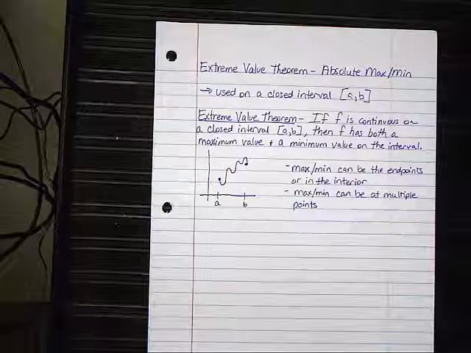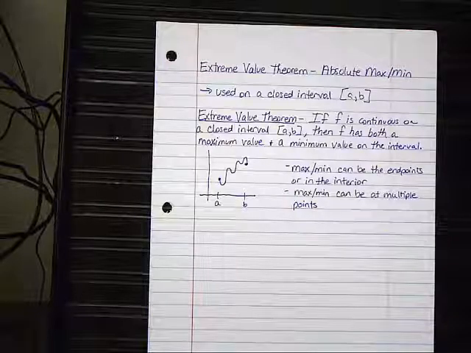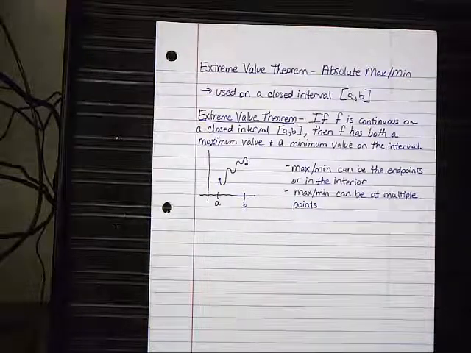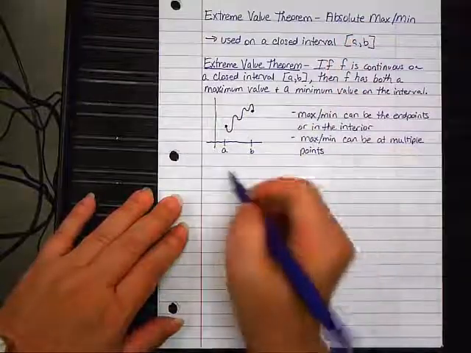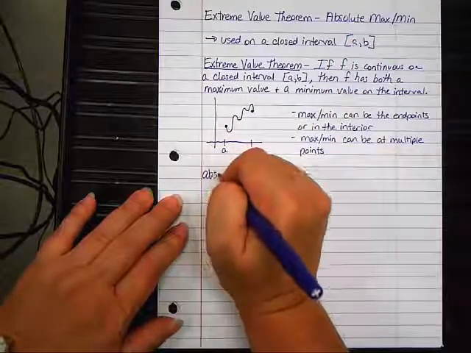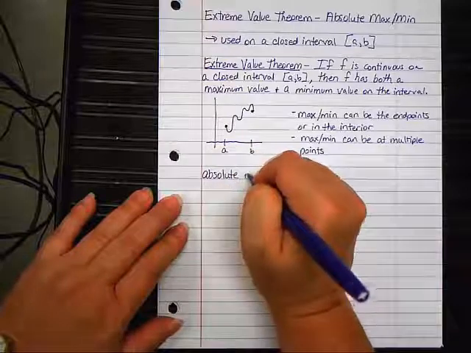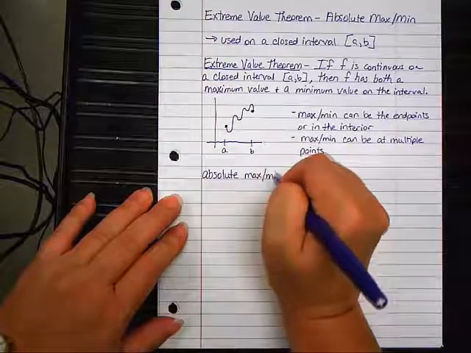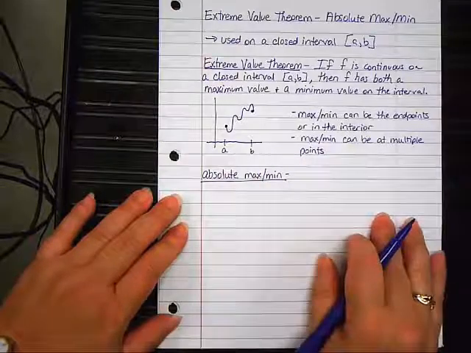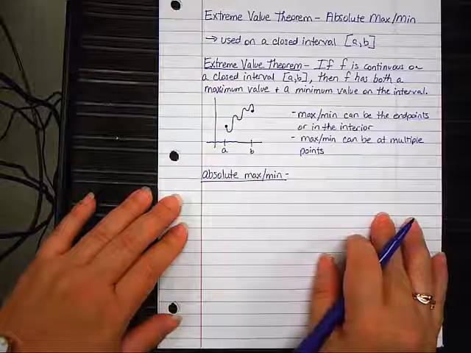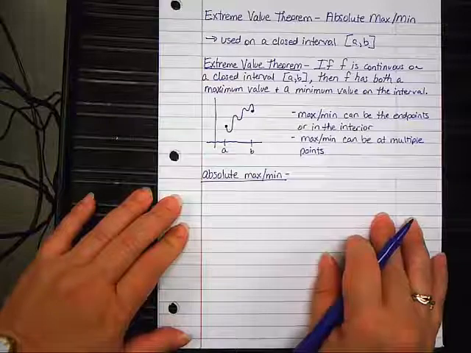Okay. In calculus, there are two types of maximum and minimum points, and we're focusing on specifically one of them today, and it says it in the title. It is absolute maxes and mins. Absolute. That's just cut and dry, gonna happen, no questions about it.